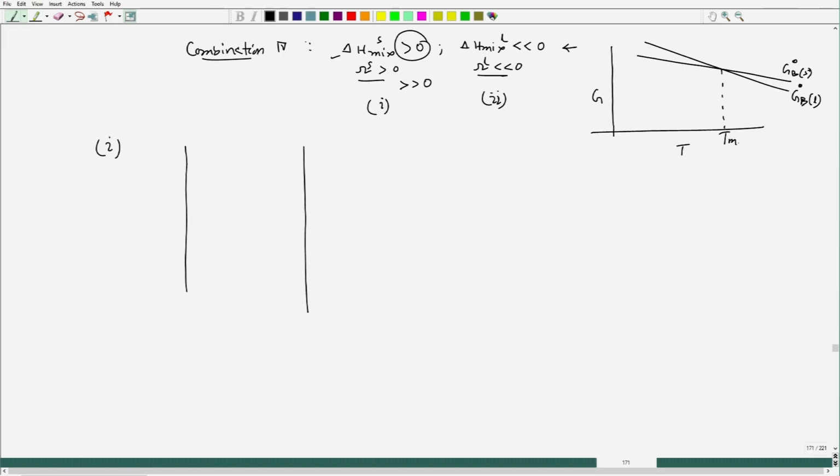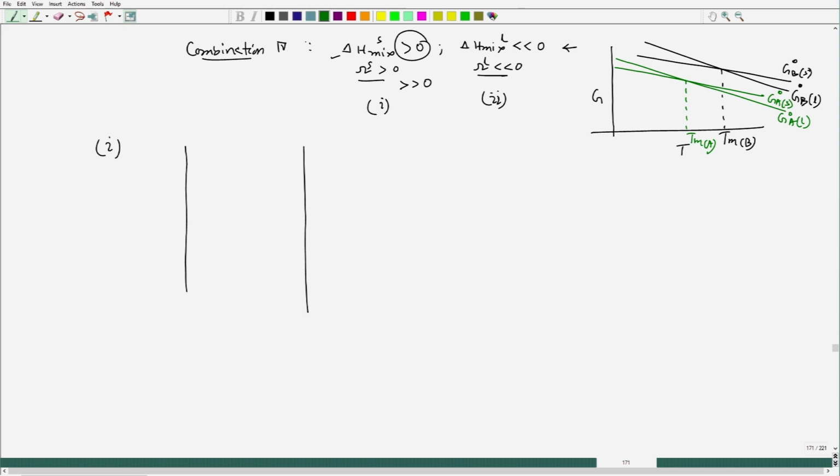This is T M B and this is T M A, this is G A naught solid, this is G A naught liquid. Okay. So, this particular reference we will take, this is a kind of arbitrary reference, we have been talking about it.